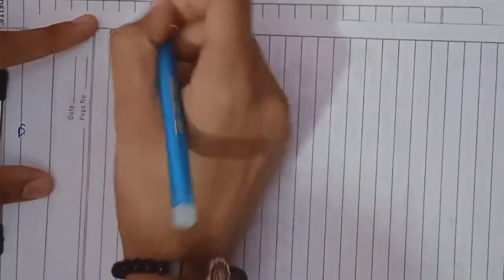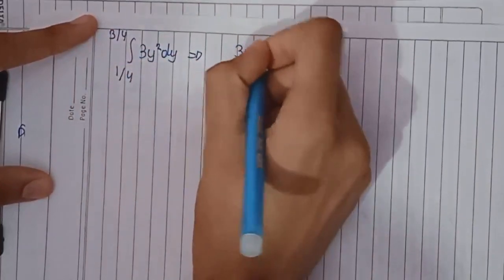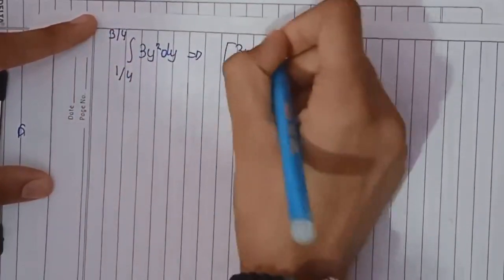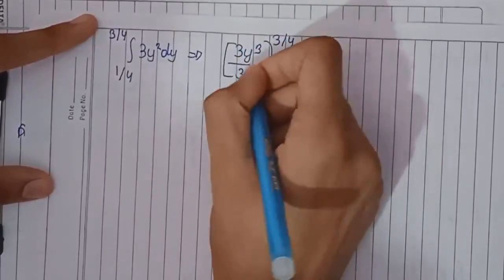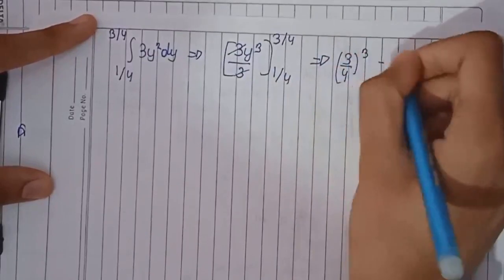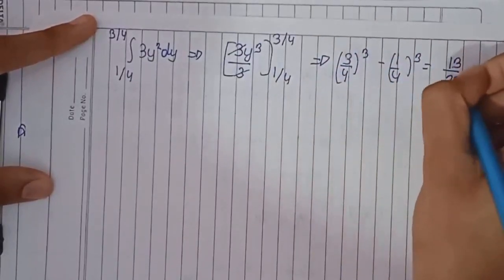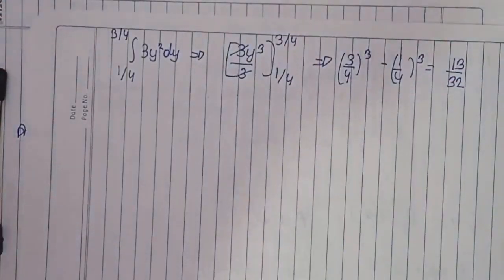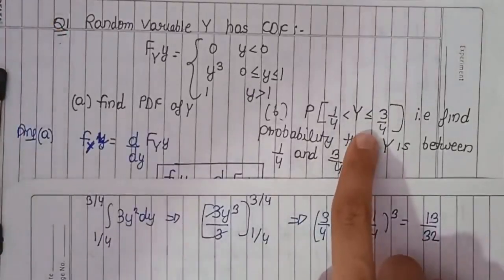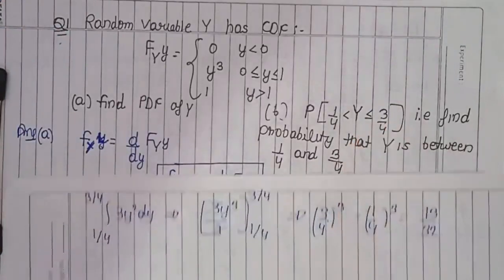Solving this definite integral, we are going to get 3y cube upon 3 from 1 by 4 to 3 by 4, and on putting values, 3 by 4 cube minus 1 by 4 cube, which will again be equal to 13 by 32. Now these are the two ways to calculate this part, and from this part, the fourth property of PDF is clear to us.